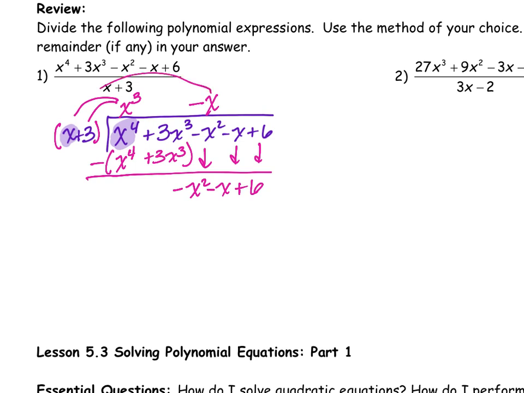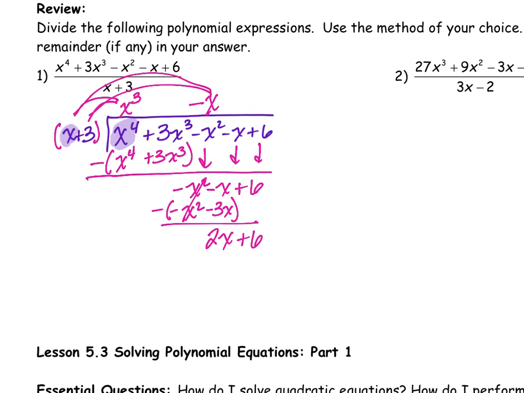And now I'm going to distribute again to the two terms. So x times negative x is negative x squared, and negative x times 3 is negative 3x. And now I'm going to subtract again. So the x squareds make a 0. Negative x minus negative 3x is 2x, plus 6.